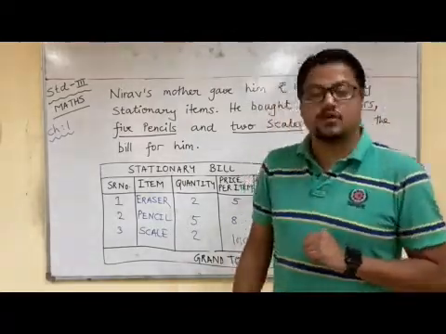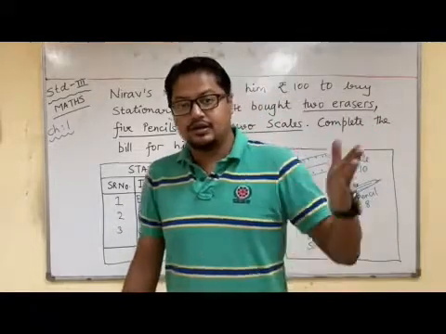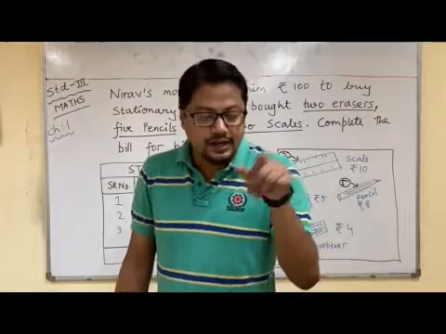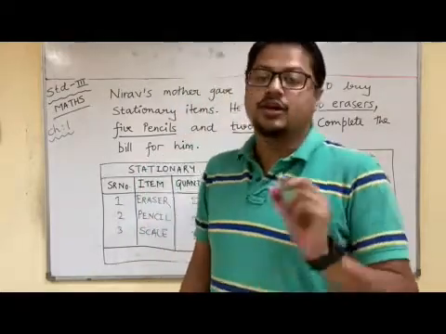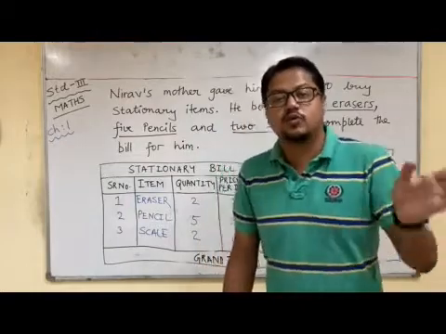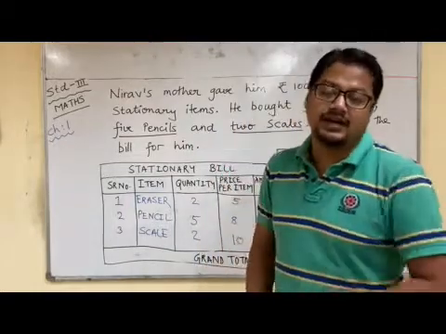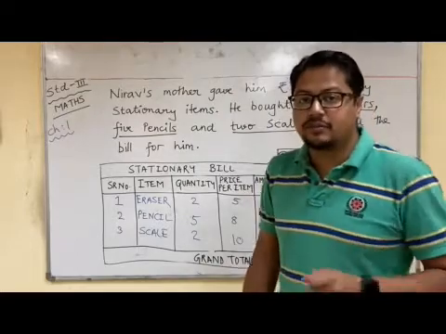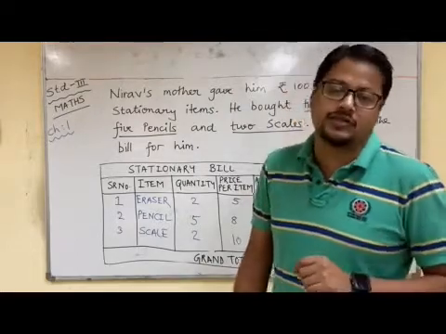You will say, sir, rupees 10. 1 into 5 will be 5. 2 into 5 will be 10. If one chocolate is of 3 rupees, 5 chocolates will be 3 into 5, which is 15.